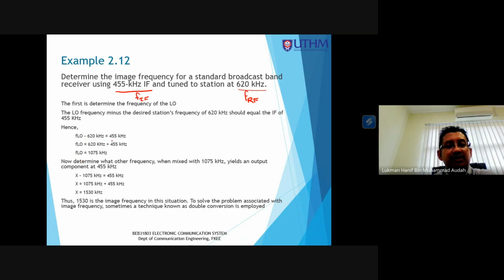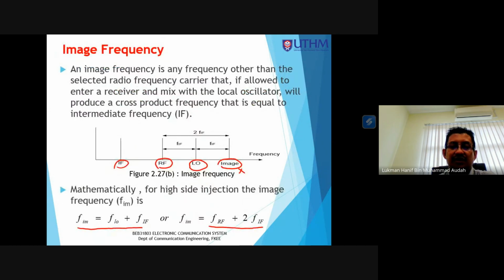So over here, in this example, try to find the FLO first. FLO is equal to FRF plus FIF. From this picture, you see that FLO is equal to FRF plus FIF.